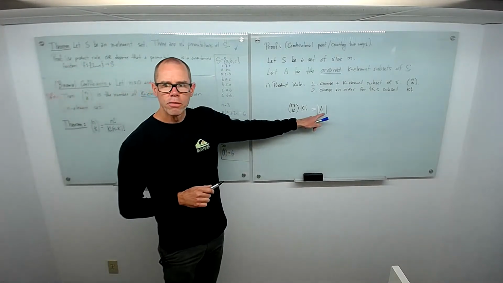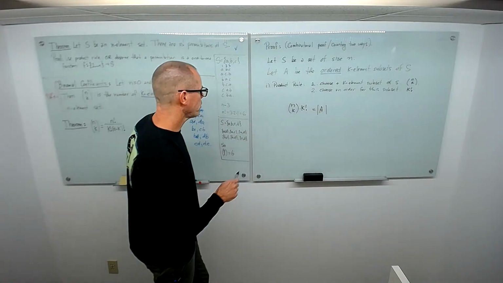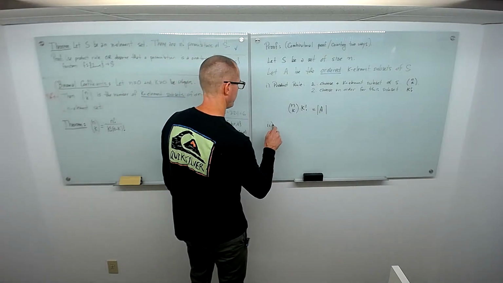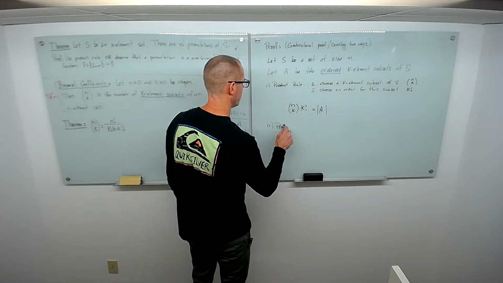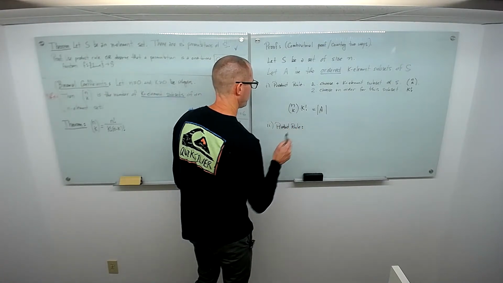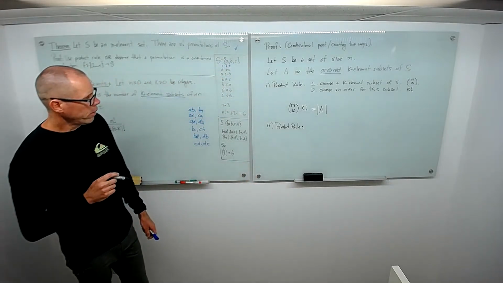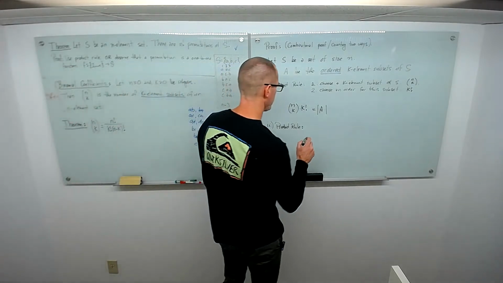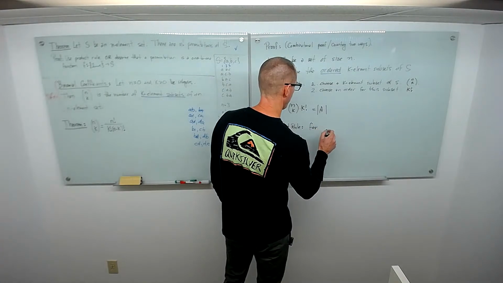So let's count the size of A a different way now, also using the product rule. And we'll use a k-step procedure.